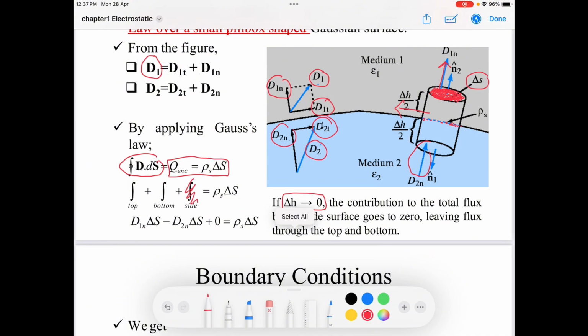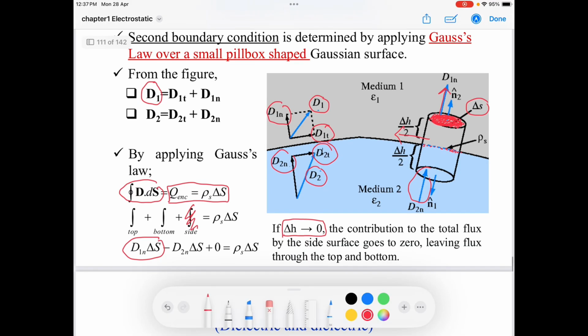For the top, it will be this one multiplied with the area. Then minus, because it will be in the opposite direction, the D2n, the normal component, with the area, so you will have this one.